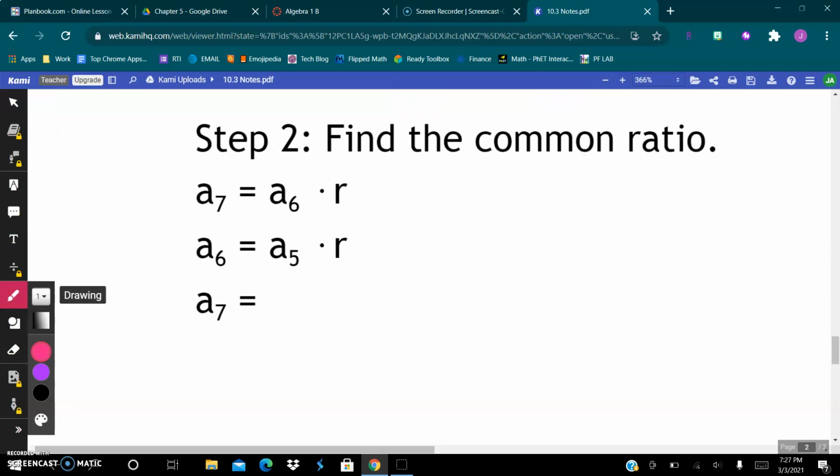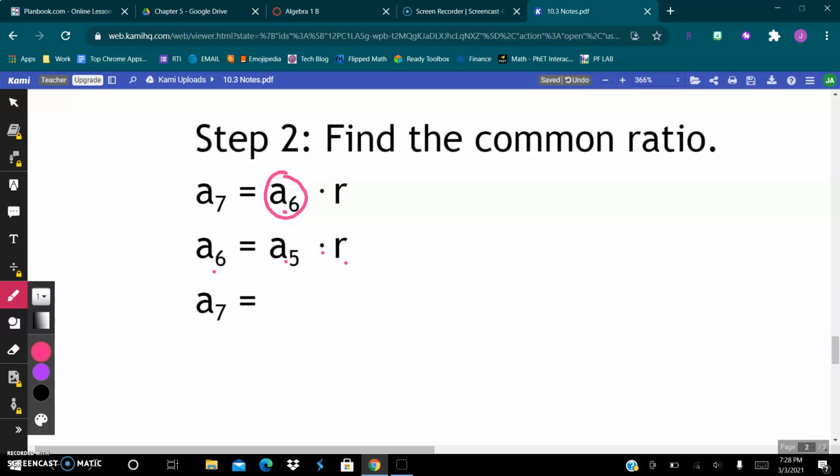So a sub 7 here means the 7th term is equal to the 6th term times the common ratio. And the 6th term is equal to the 5th term times the common ratio. So we have to rewrite this. We kind of have to use substitution.